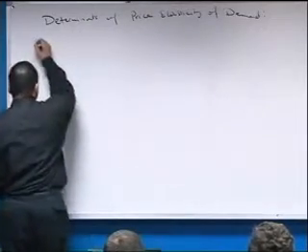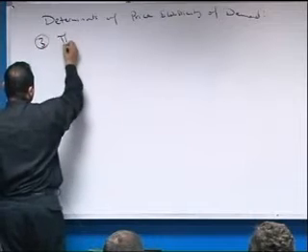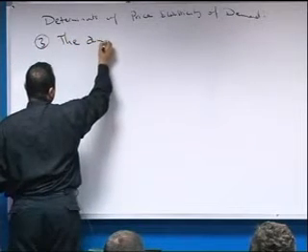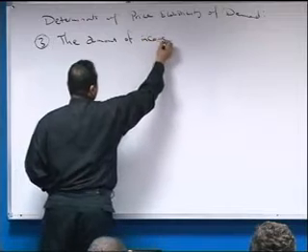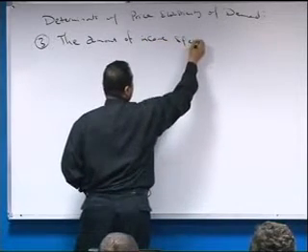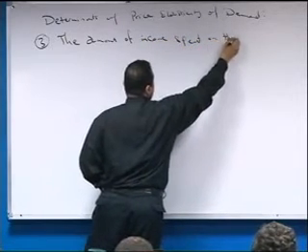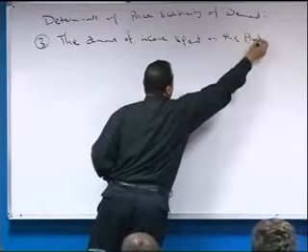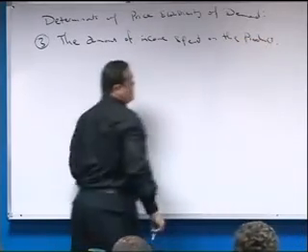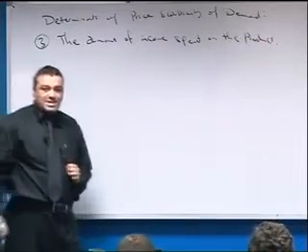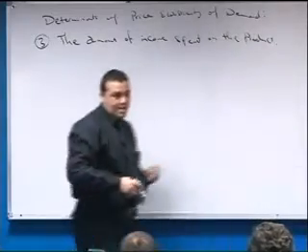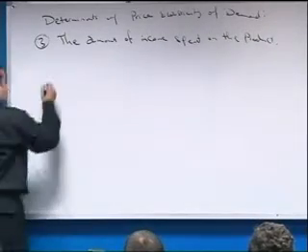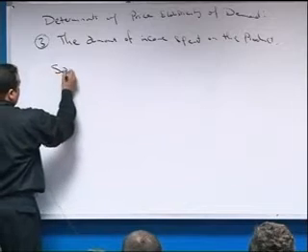Number 3, the amount of income spent on the product. Let's take an example to make the idea easy to understand. What about the demand for salt, the price of salt?